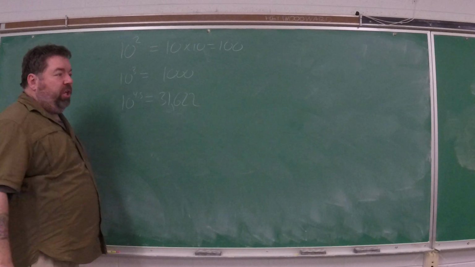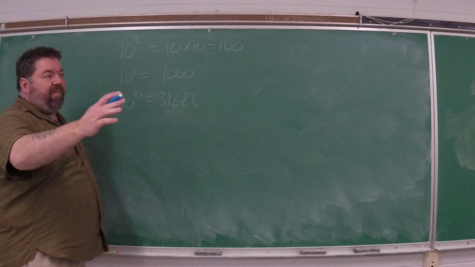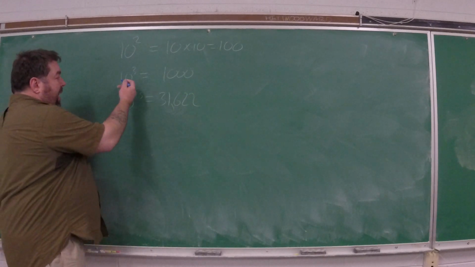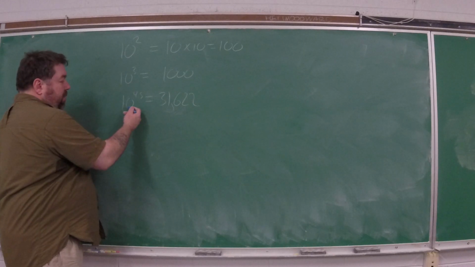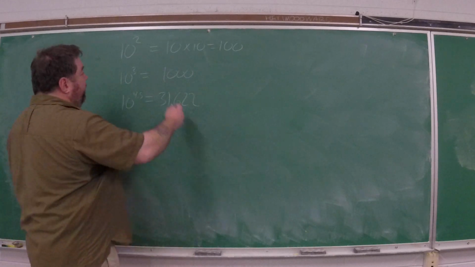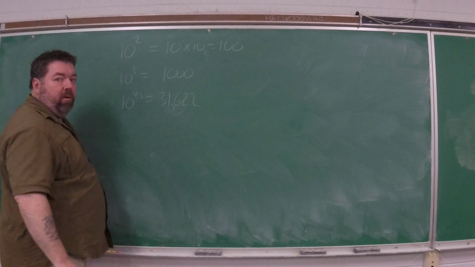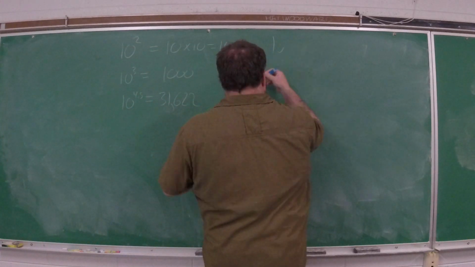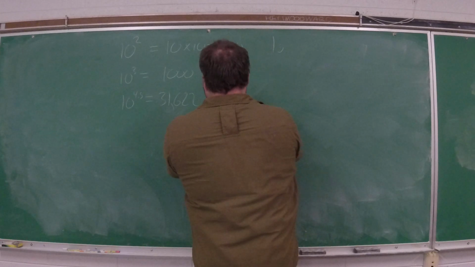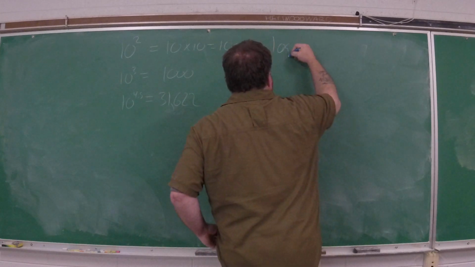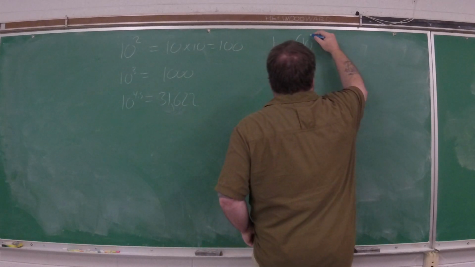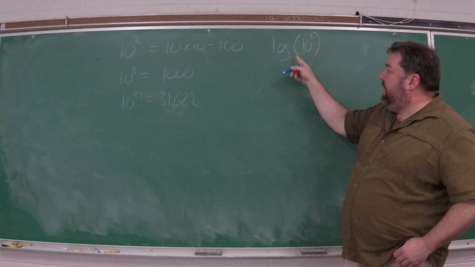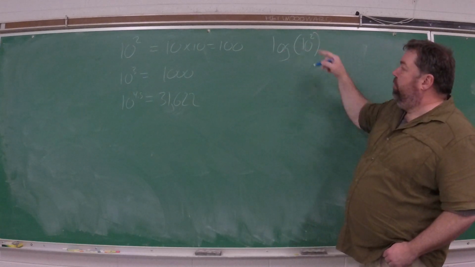Well, what does a log do? Well, log base 10, you have the natural log base e. This is base 10 right here, right? A log gives you the exponent for the number, is what a log does, okay? So if I have log base 10 of 10 to the 2, it's going to give me the 2, right?